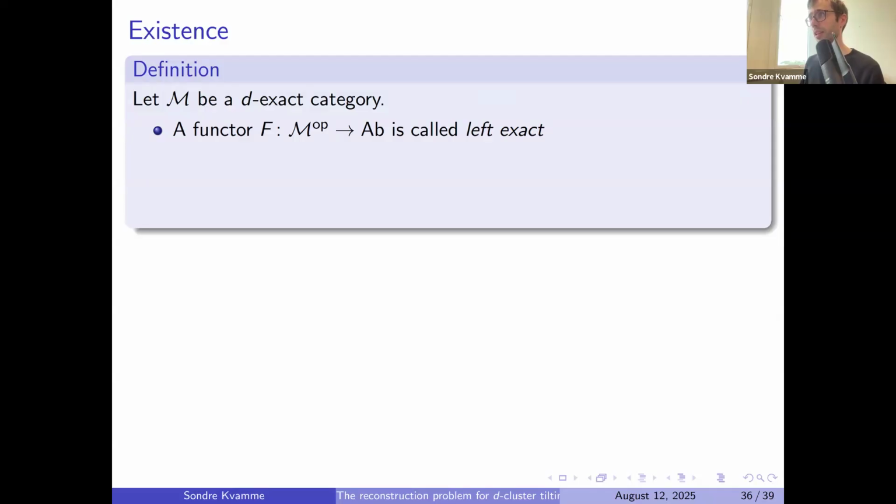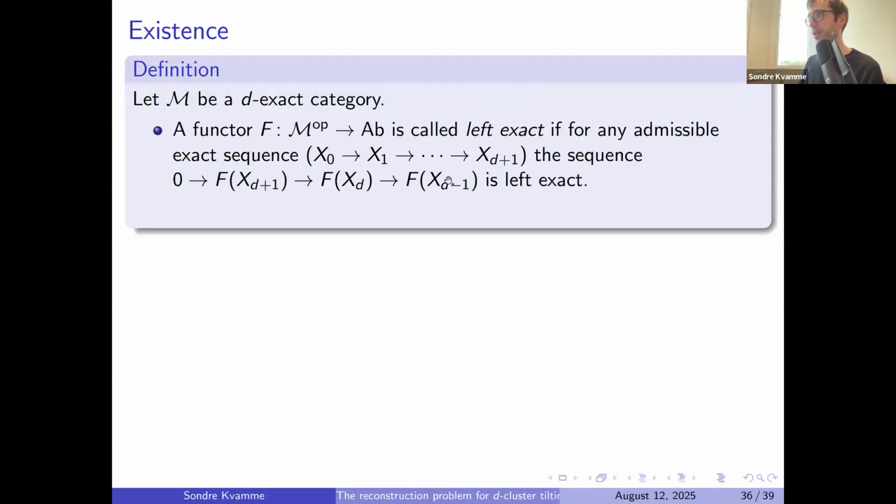So first I recall what a left exact functor is, and for simplicity I only need it when the codomain is abelian groups, but of course you could have a more general setting if you wanted. A contravariant functor F is left exact if whenever you have an admissible d-exact sequence and you apply F to it, then you get a left exact sequence of the following form.